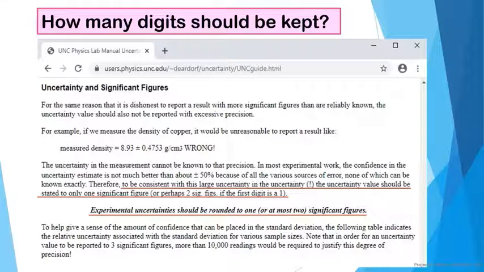To be consistent with this large uncertainty, it should be stated to only one significant figure, or perhaps two significant figures if the first digit is a 1. Experimental uncertainty should be rounded off to one or at most two significant figures.